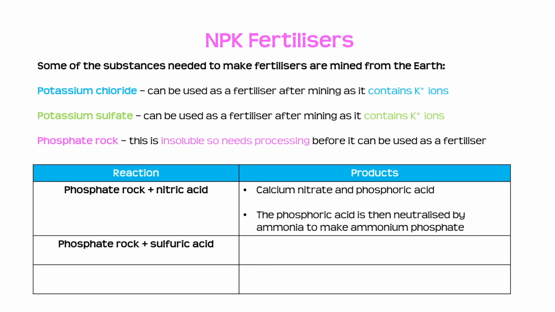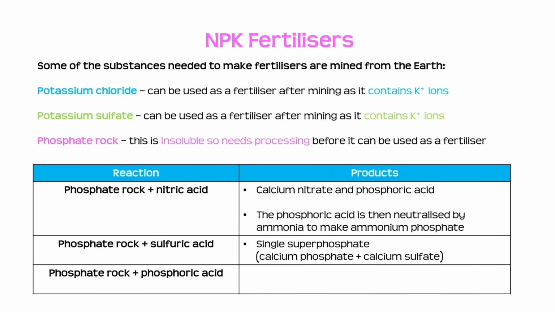Then we can take the phosphate rock and we can react it with sulfuric acid. This makes a single superphosphate, which is actually calcium phosphate and calcium sulfate. Finally, that phosphate rock, we can react it with phosphoric acid. By doing this, we make triple superphosphate, which is simply just calcium phosphate. So those are our 3 reactions that we can put the phosphate rock through to make something that we can use as a fertiliser.